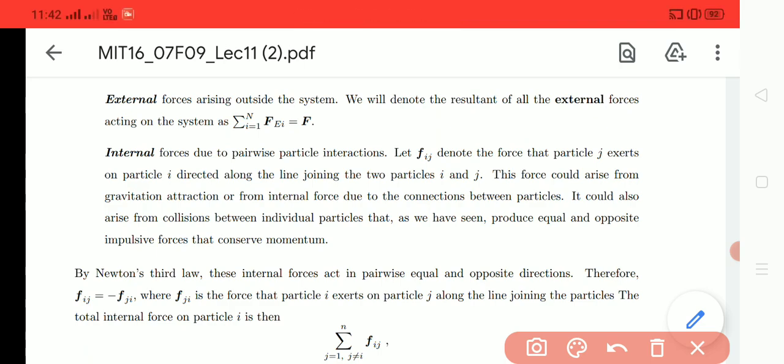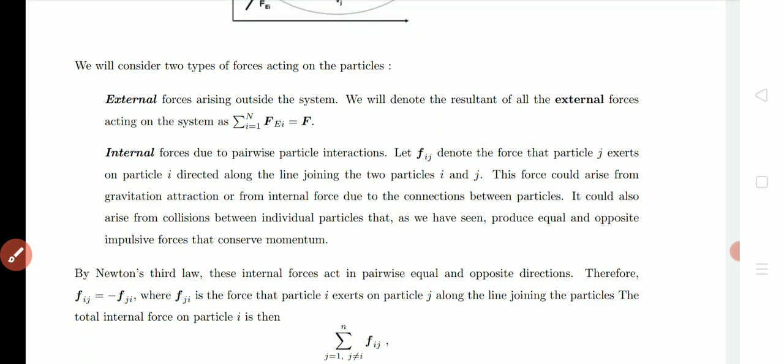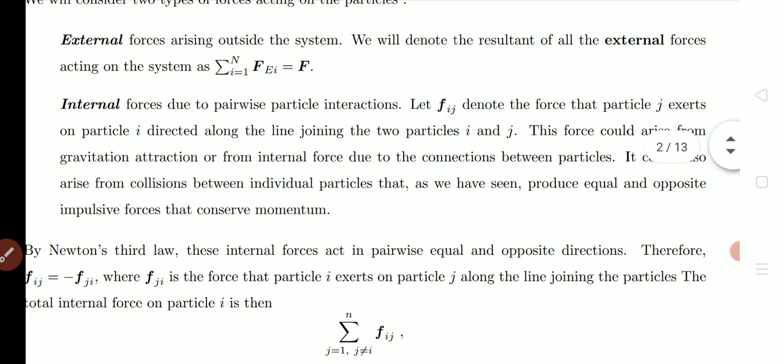Internal forces are due to pairwise particle interaction. Let Fij denote the force that particle j exerts on particle i, directed along the line joining the two particles i and j. This force could arise from gravitation, attraction, or from internal force due to the connections between particles.